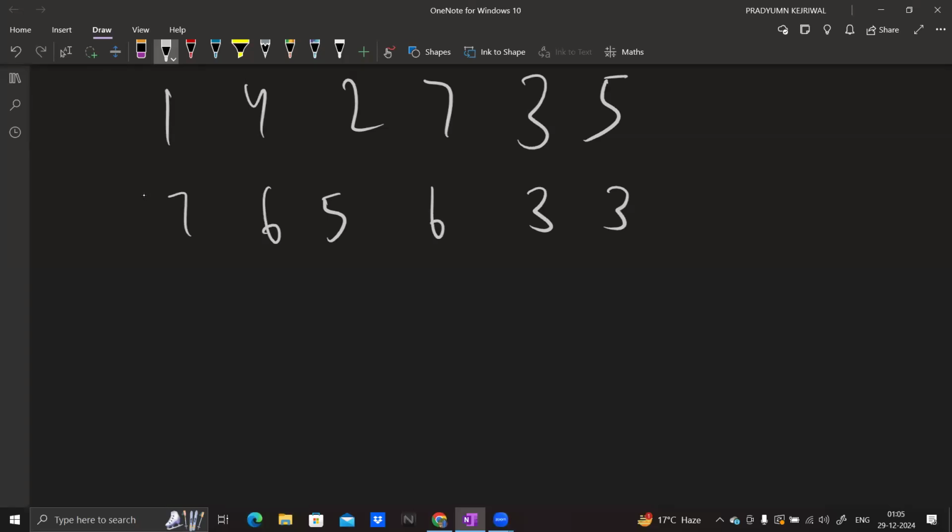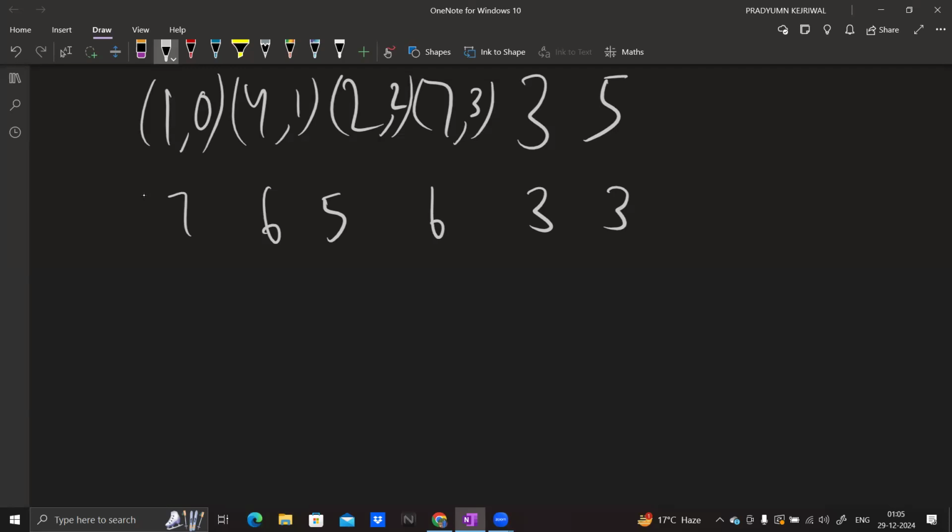Before sorting, we'll give each element a pair, like 1 comma 0, 4 comma 1, 2 comma 2. We'll store it in a pair so that we know for each element what its initial position was, because we need to update that. So we'll store it as a pair and then sort it.